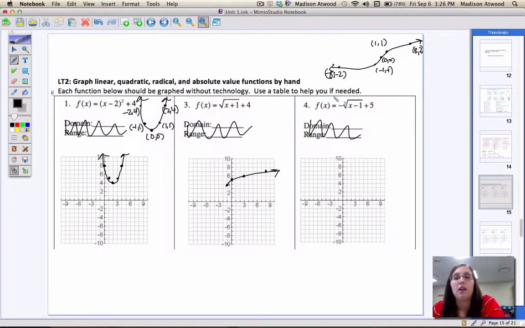Okay. And so what I'm going to do is move that down, or no, I'm sorry, to the right 1 and up 5. So I'm going to go right 1 and up 5. There's my point. And then also, this has been reflected. It's been reflected by changing all of the y's to their opposite.